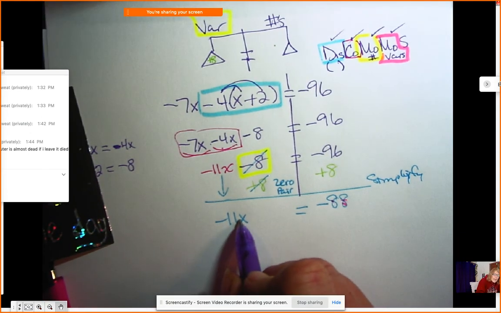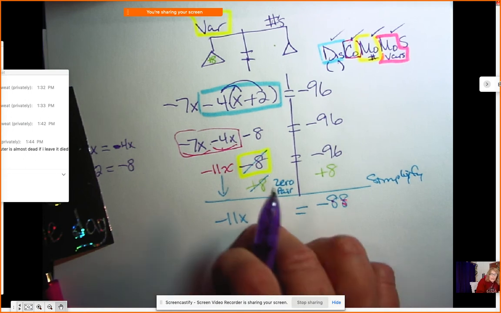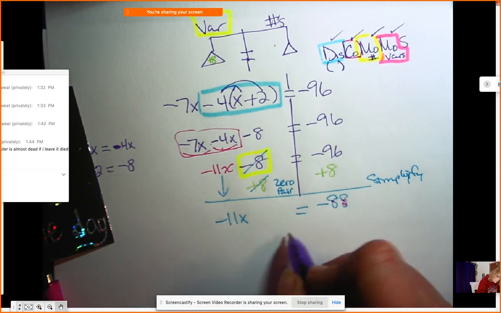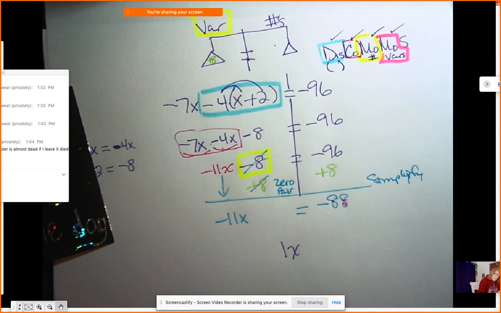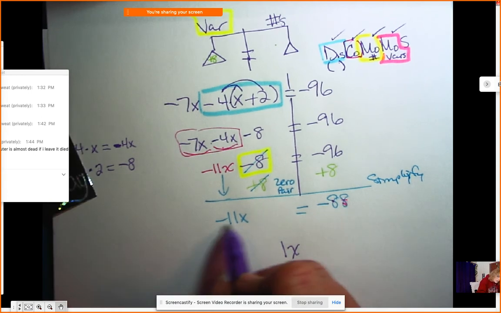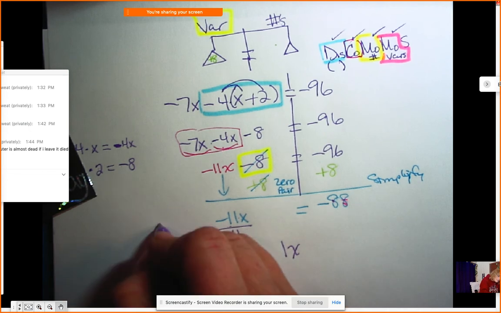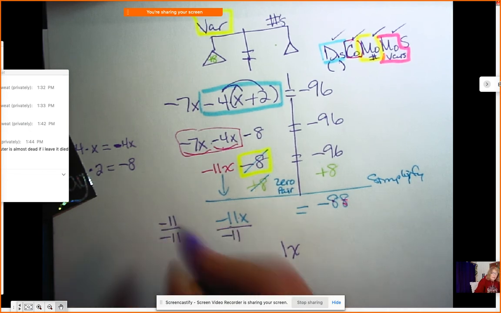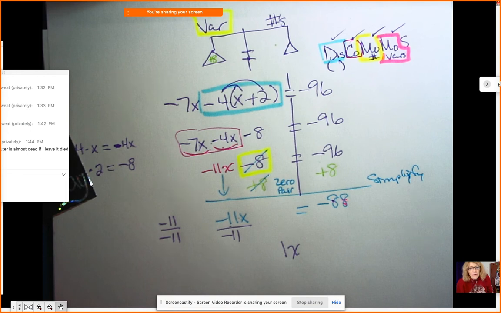Here's negative 11x. Okay, I may not have shown this yet. I really wanted to say 1x. So to undo a multiplication, you divide by the negative 11. What is negative 11 divided by negative 11? What's anything divided by itself? 1.